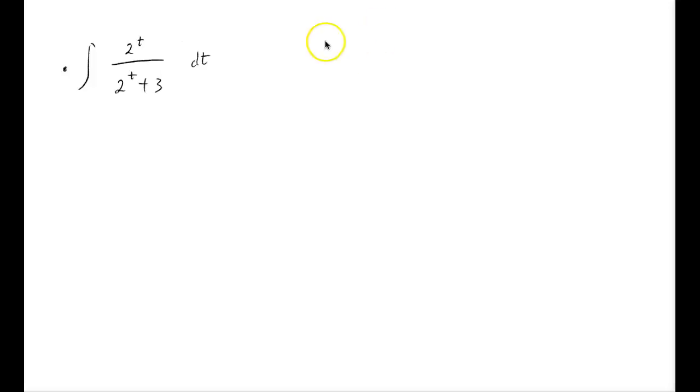In particular, if we took the derivative of 2 raised to the t, then this would just be 2 raised to the t times natural log of 2. So that much we already know.